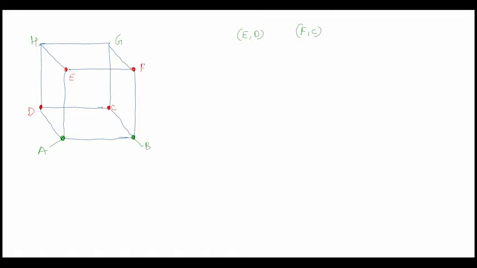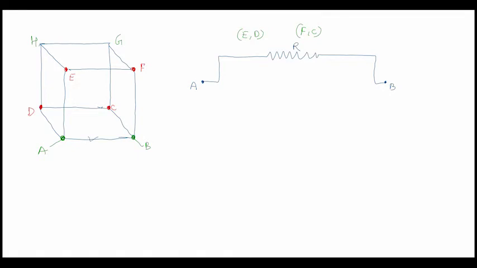Suppose I take this end as A and the other end as B. Between A and B there is a direct resistance connected, which is equal to R, which is this resistance.